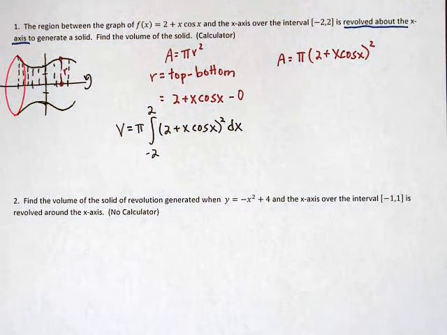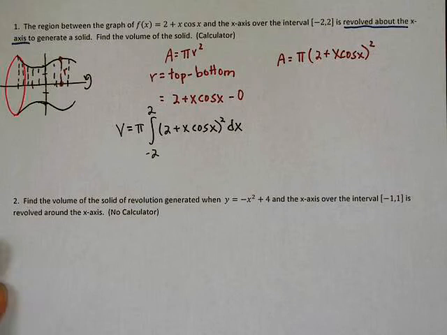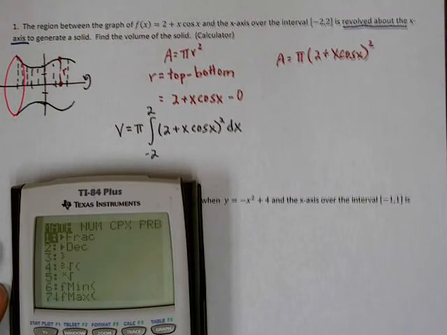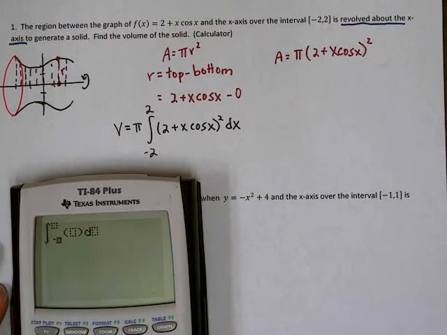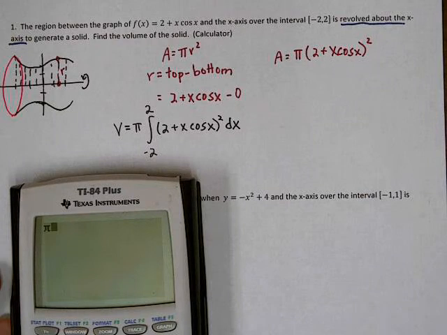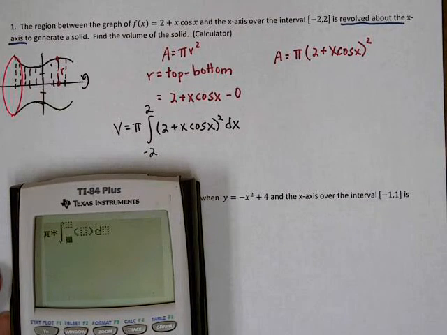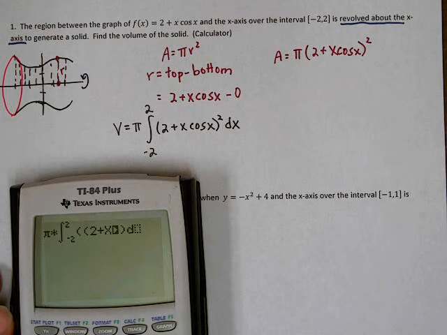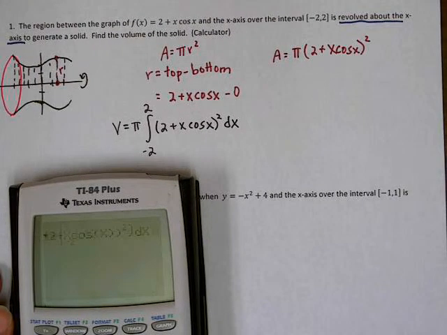And we're just going to go ahead and put that in our calculators. So math 9, I forgot pi. Pi times math 9, there we go, -2 to 2 of 2 plus x, I should put parentheses, 2 plus x cosine of x quantity squared, and then dx.